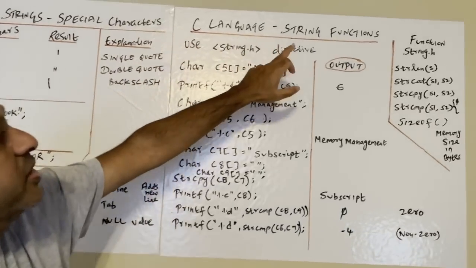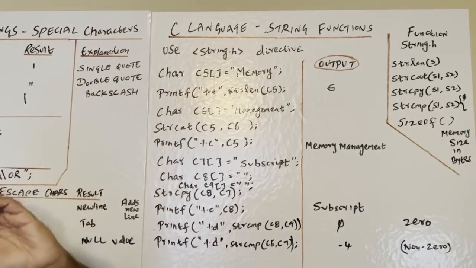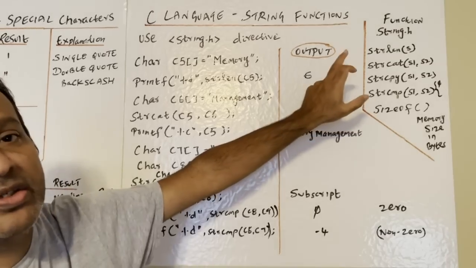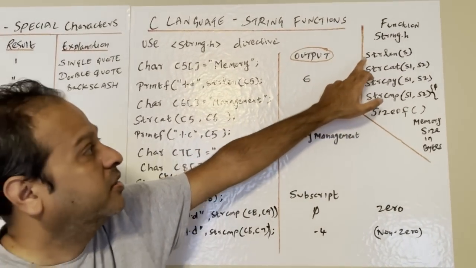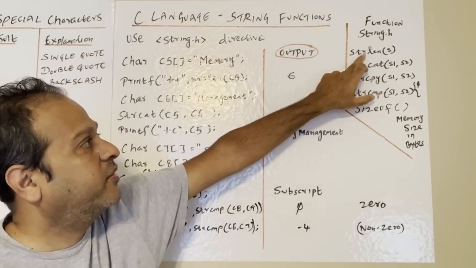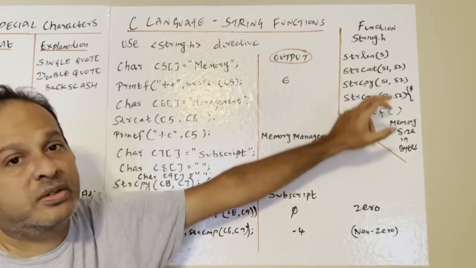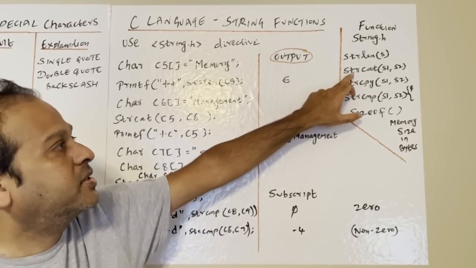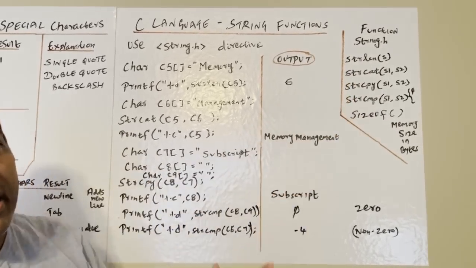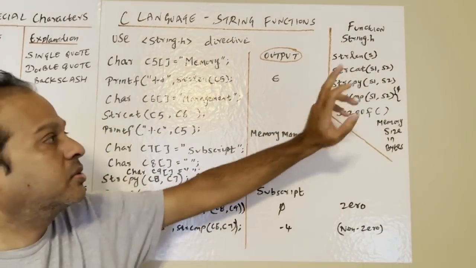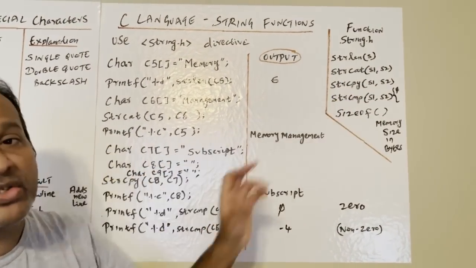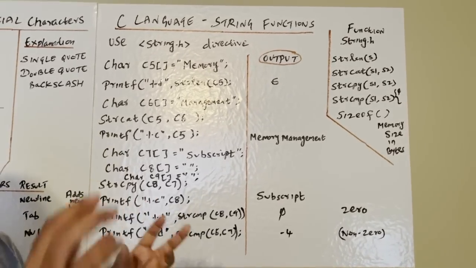These are the C language string functions, the functions related to string manipulation, from the C library of functions. First is called strlen. It finds the length of the string S. And strcat is string concatenation. Concatenation means merging and adding two strings S1, S2. strcpy is string copy from one string to another.